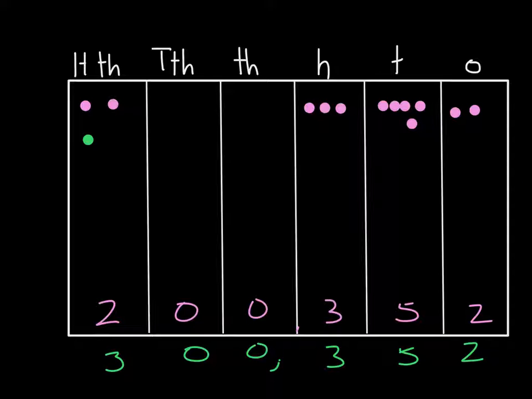If I want to know how much is 100,000 less, I'm going to go back to my original number by crossing out this one, and I'm going to take out one of those original 100,000s, which leaves me with the number 100,352. So that is 100,000 more and 100,000 less.